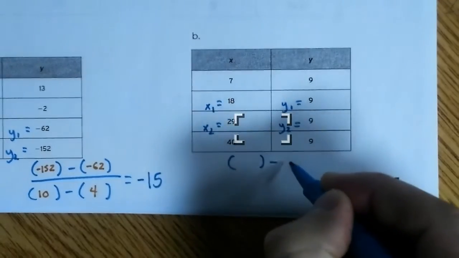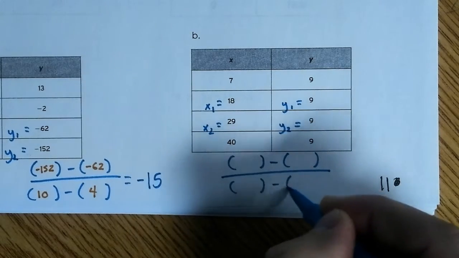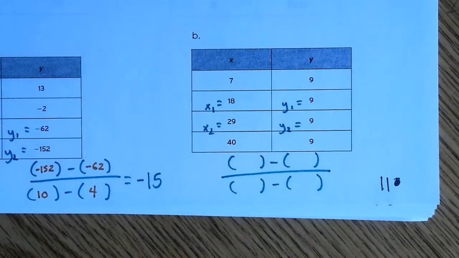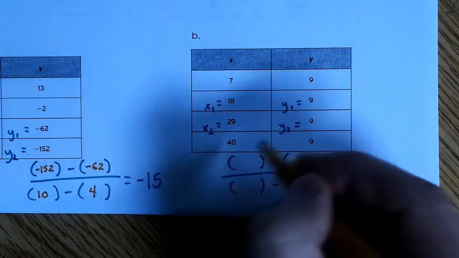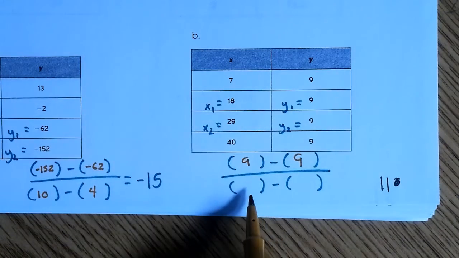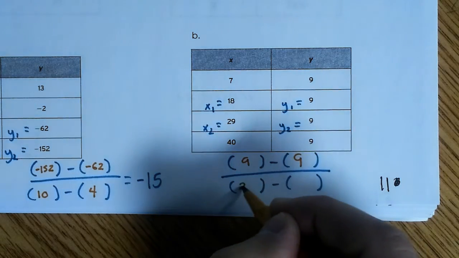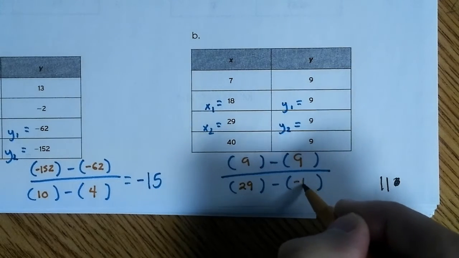So we have our parentheses minus parentheses over parentheses minus parentheses. What goes up top there? 9 minus 9, good. What goes on bottom? Not 18 minus 29, but 29 minus 18.